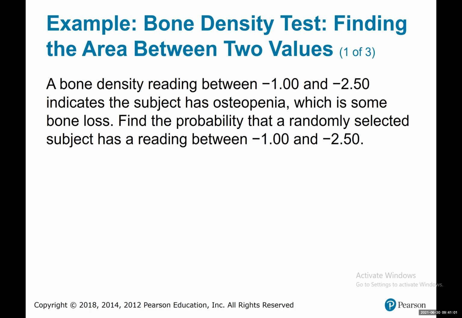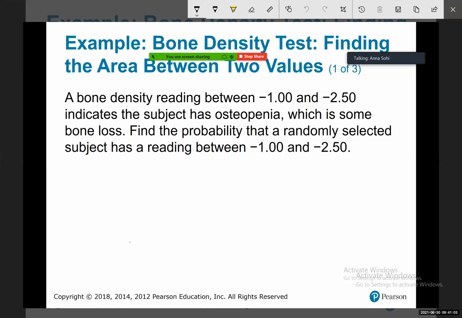So what I want you to do, I want you to mark the graph. So always start with mu and sigma. So this is a rule. Mu and sigma. It's about bone density test still. So they said mu is 0, sigma is 1. Because it's standardized. We go to the next section, it could be anything, mu and sigma. So you mark whatever is mu and whatever is sigma.